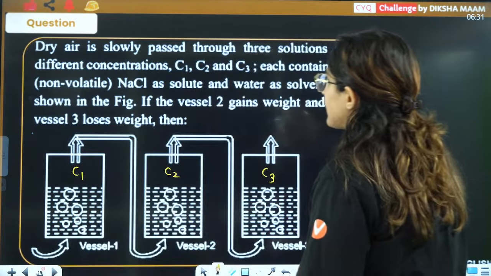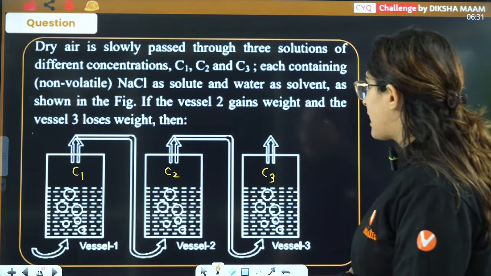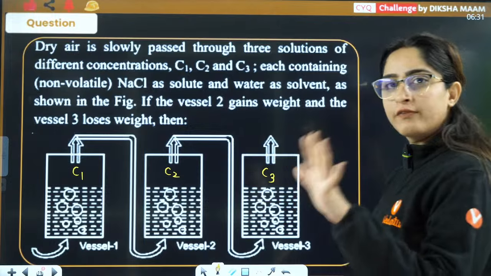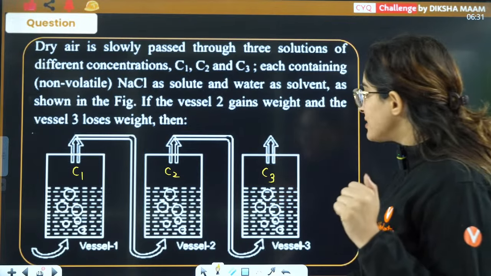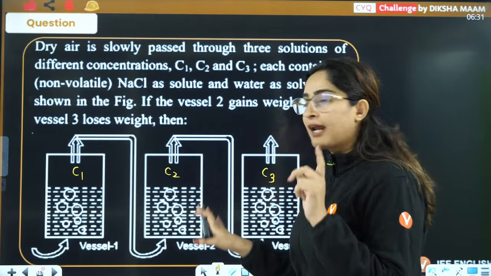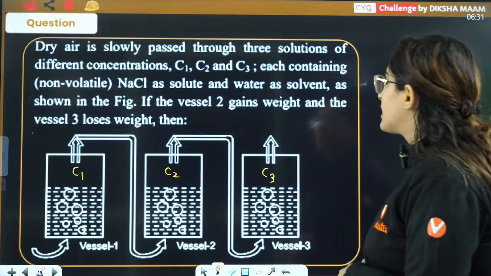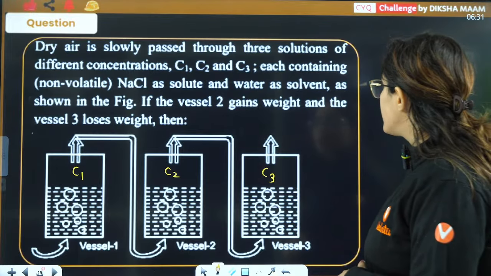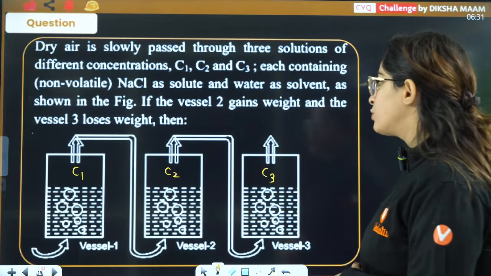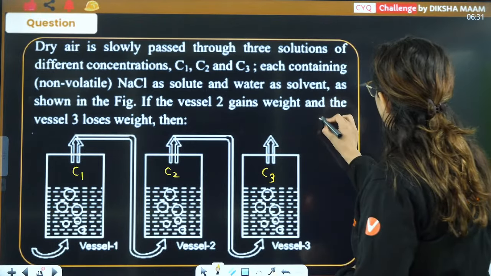Each contains non-volatile NaCl as the solute and water as the solvent. That means you are passing dry air. If vessel 2 gains weight, vessel 3 loses weight, then what? First, we'll talk about if vessel 2 gains weight.